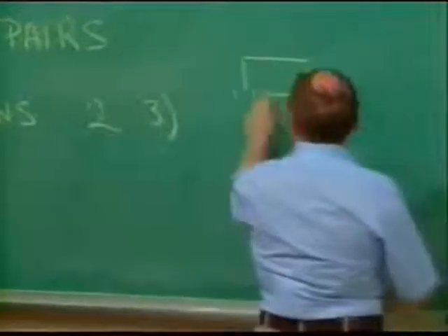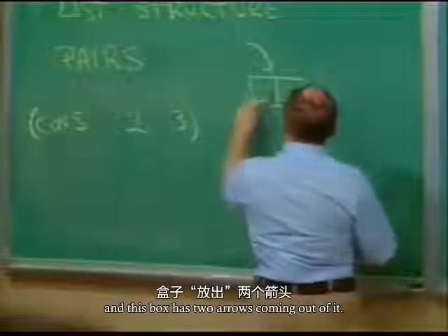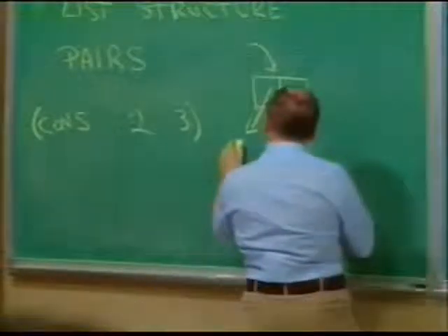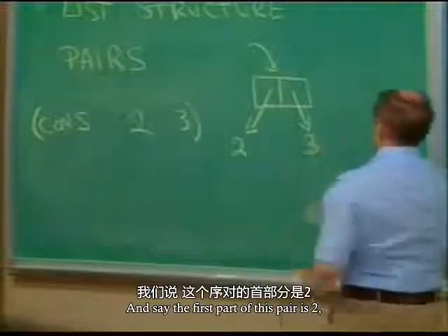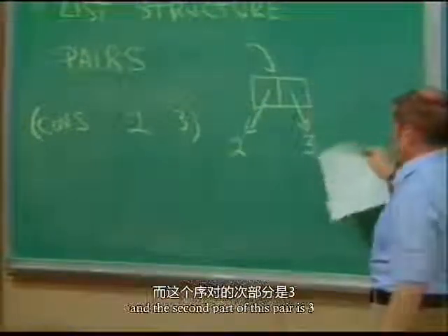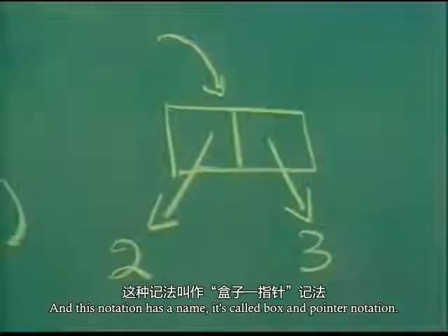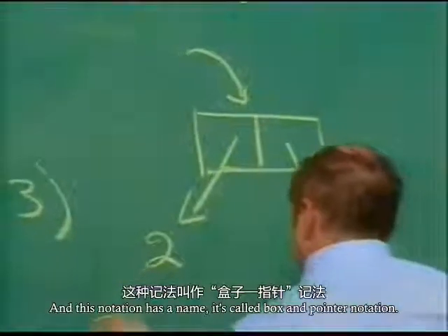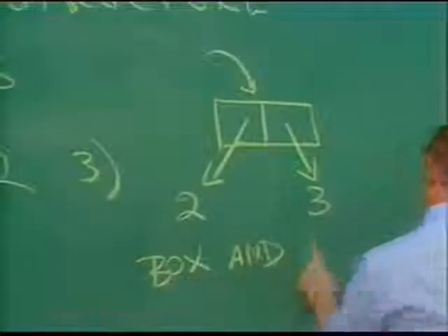We draw a little box with two arrows coming out of it. The first part of this pair is 2, and the second part is 3. This notation is called box and pointer notation.